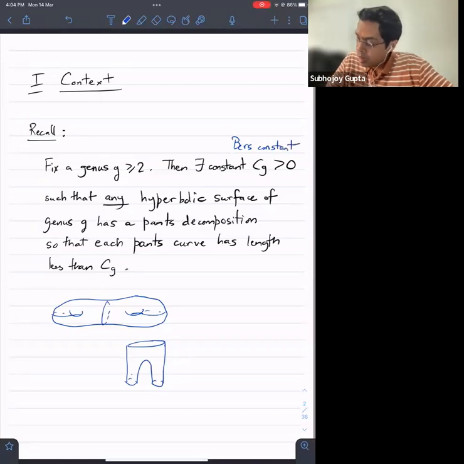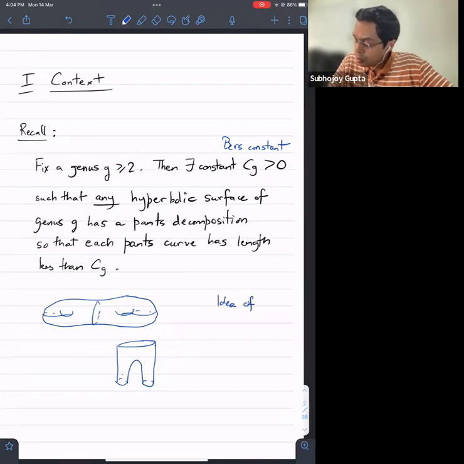And let me just mention the idea of the proof because it's tempting to do so. It's a very interesting and short idea. It can be expressed very briefly.